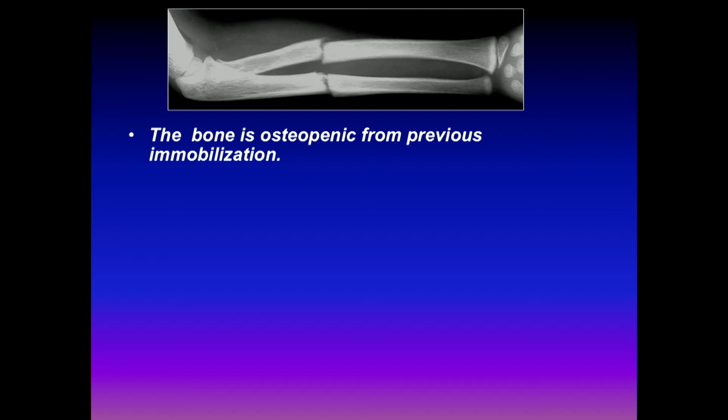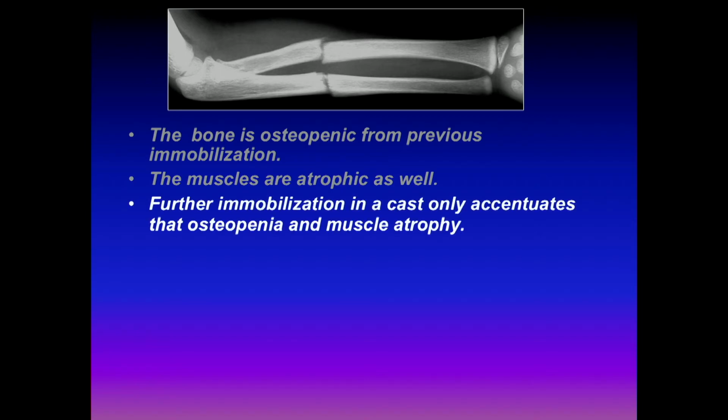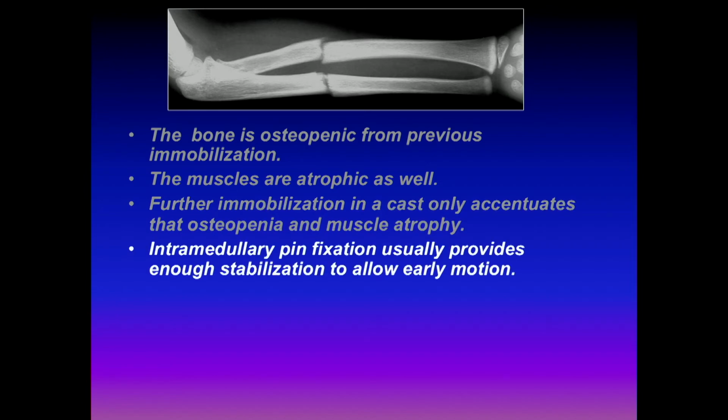So his bone is osteopenic from previous immobilization, and that's one of the reasons he failed easily. His muscles are atrophic, so he doesn't have a lot of support if he falls. If you immobilize him again for another 8 weeks, that's just going to accentuate the osteopenia and muscle atrophy.